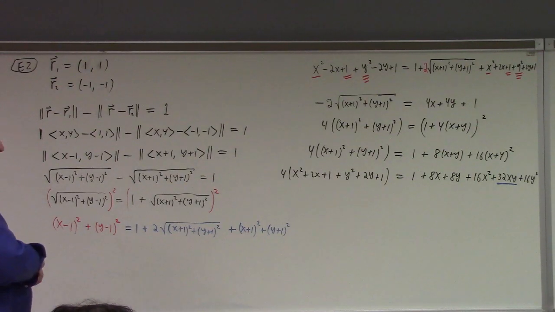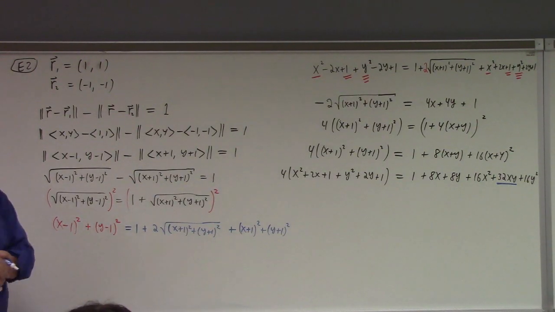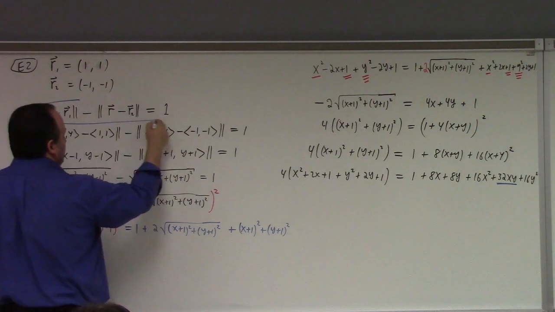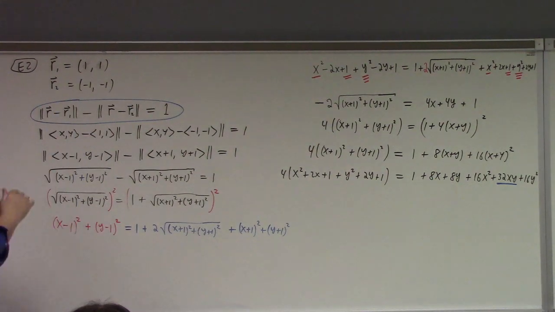Can you tell me what this is, though, even though I can't prove it to you algebraically, but can you tell me what this is we're looking at? It's not an ellipse. This kind of thing, if you're looking at the difference of distances being held constant between two fixed focal points, this is a hyperbola.